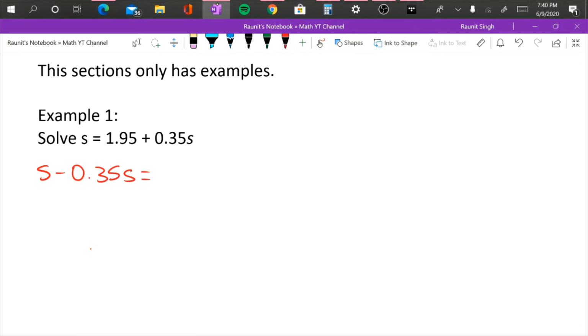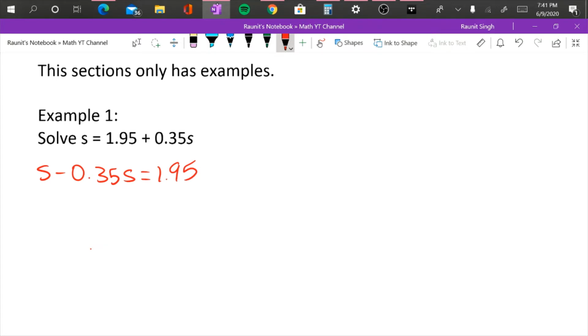equals 1.95. And then we're going to subtract, right? Okay, so s is basically equal to 1s, so we don't really need to do anything about that.